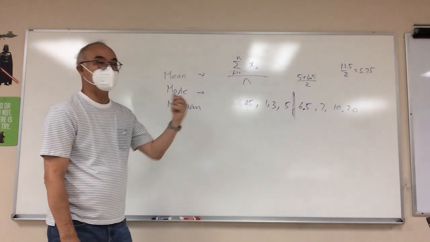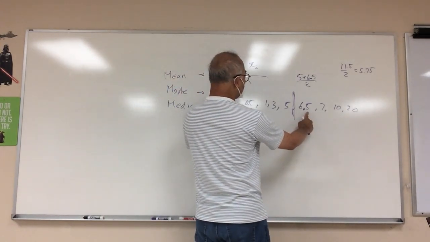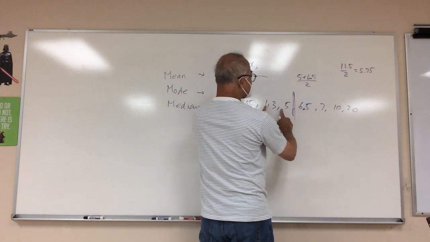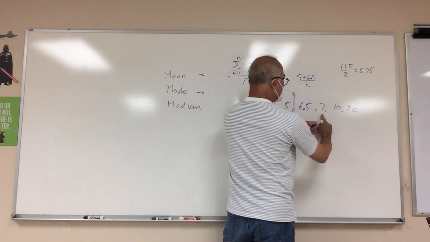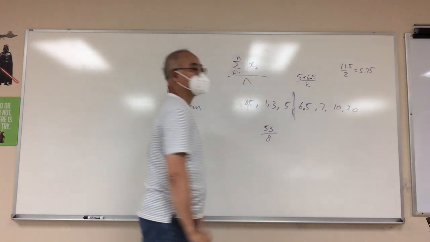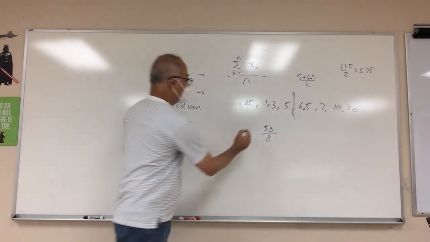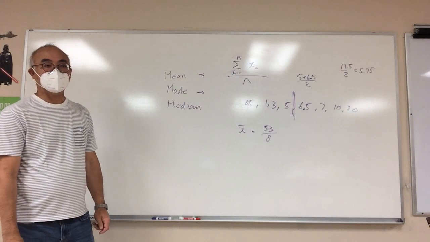So I add them all together and divide by 8, correct? Which would be 7, 10, 16, 26, 46, 53. 53 divided by 8. So that's my mean, right?